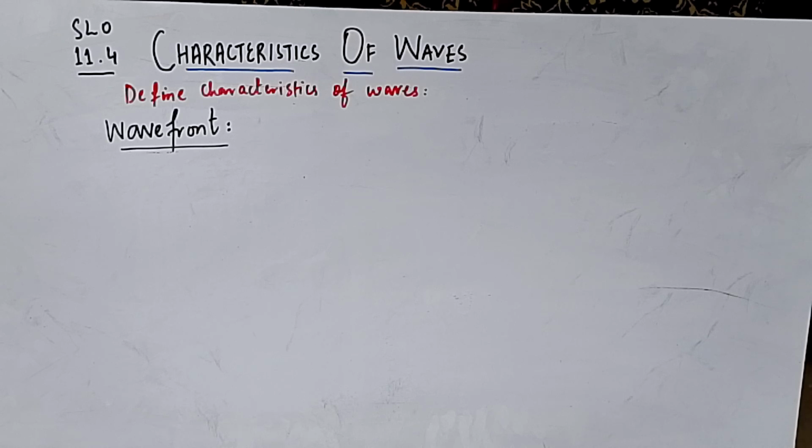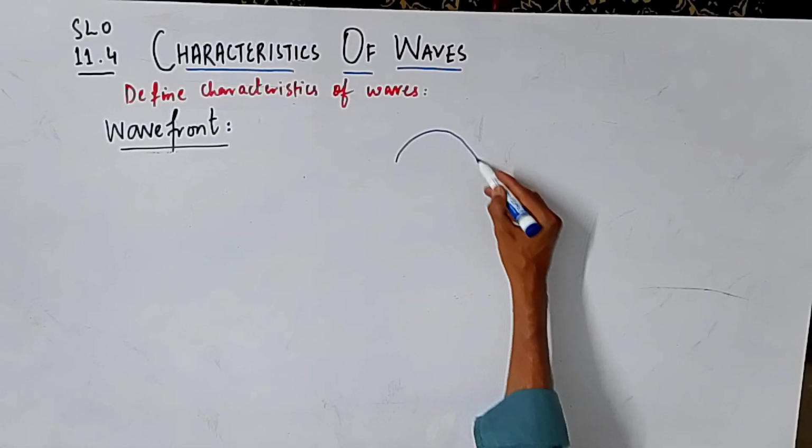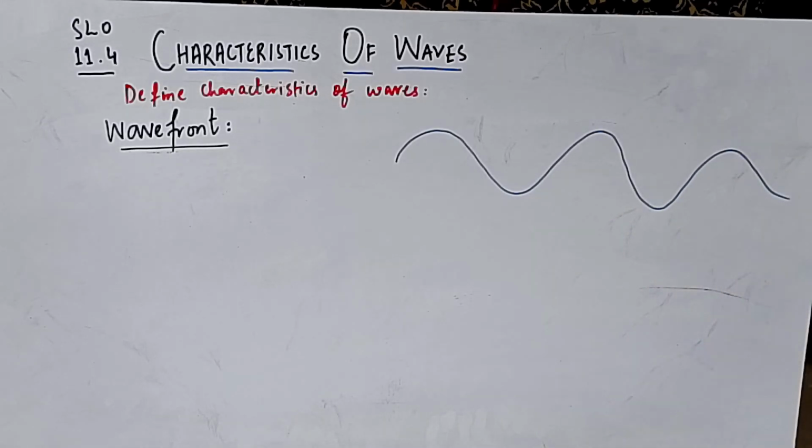This particular characteristic is also very easy. Now think about a sea wave. How do we draw the sea wave? Whenever we want to draw river water or sea water, we usually make a wave like this. We call these waves. But have you ever noticed that actually it is like this?